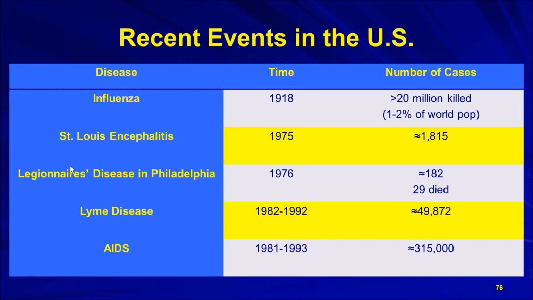AIDS, you're not going to have trouble with that. You can see the time period, and obviously 315 is a high number, and we've made improvements, but we still do not have that disease under control, as you well know.